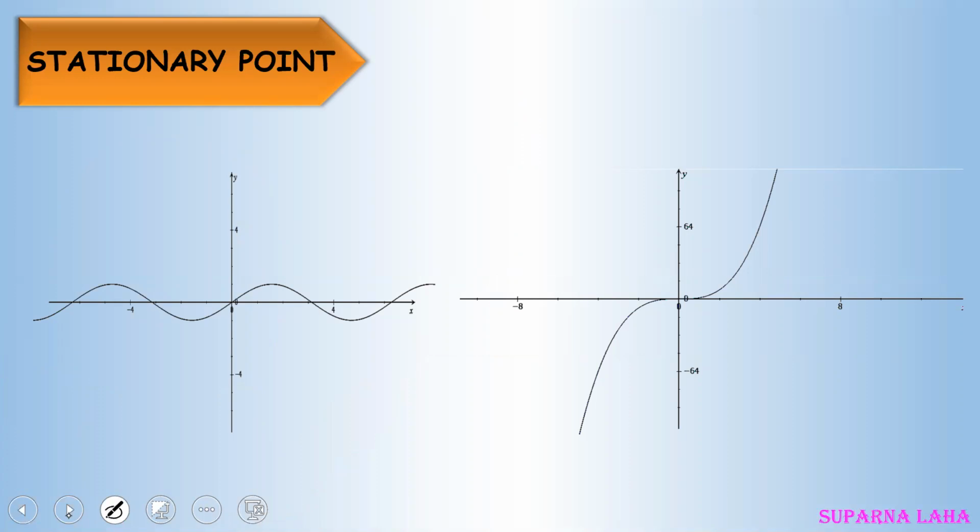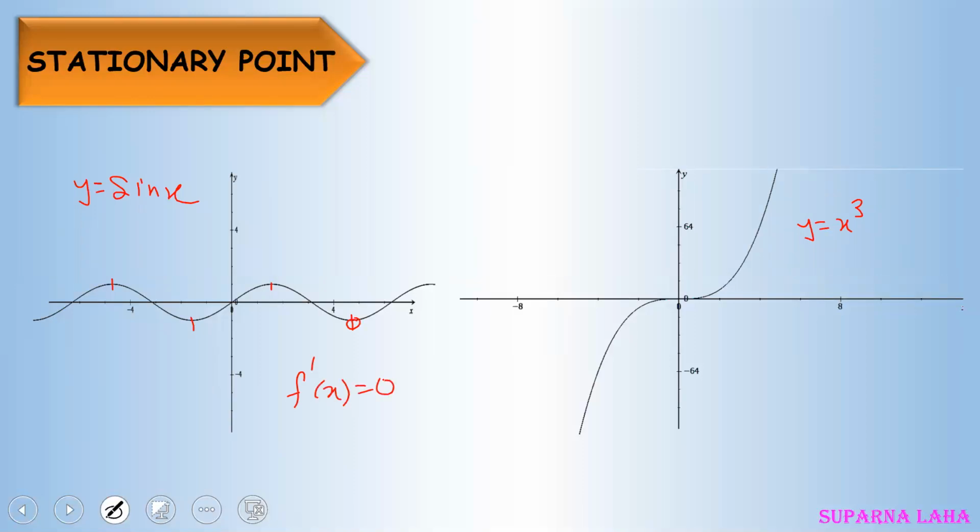Look here, I'm taking these two curves, that is y is equal to sine x, and this curve I'm taking y is equal to x cube. Now for this function sine x, at this point we can find the maxima, this point minima, this point minima, this point maxima, and at these points f dash x is 0.